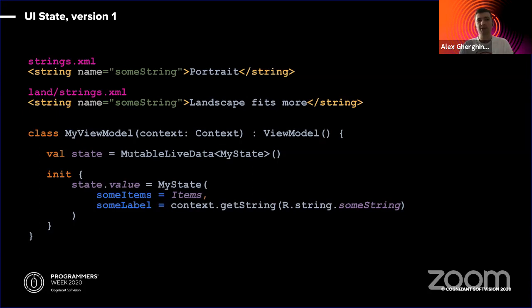So what happens next? I actually can't answer correctly the following question: what value does our string, some string, have right now? It does not have a value, because the ViewModel does not know what the configuration change is, because it survives it. From its point of view, some string may be either one of those values.